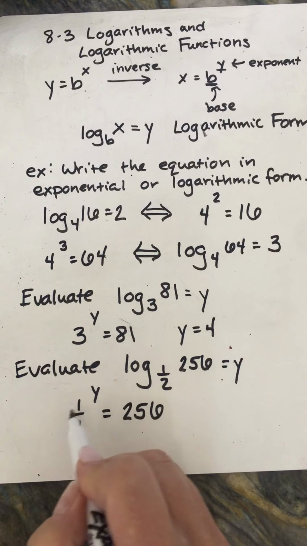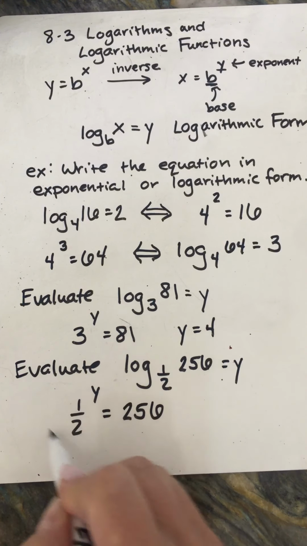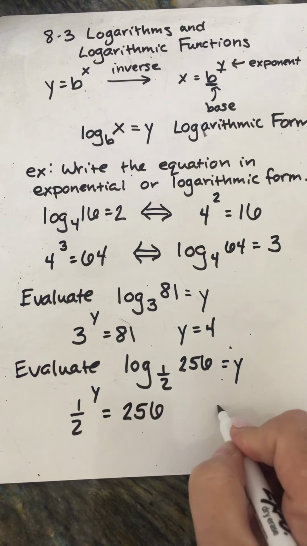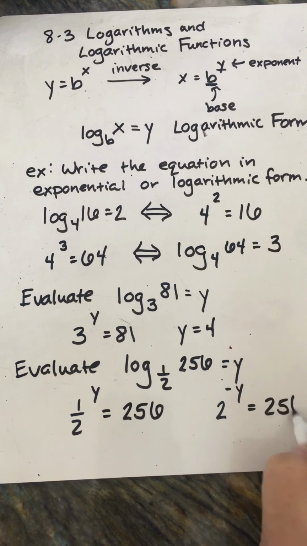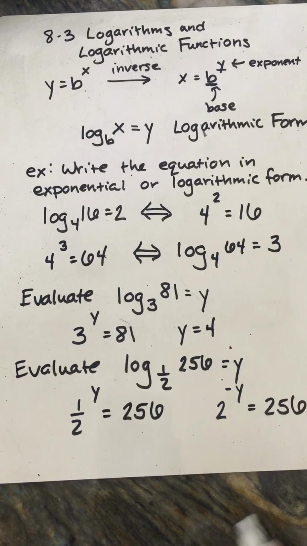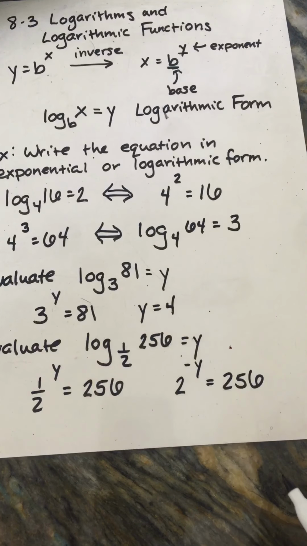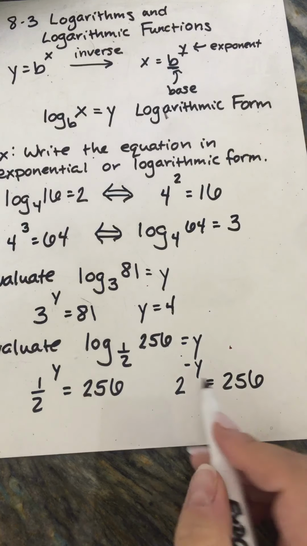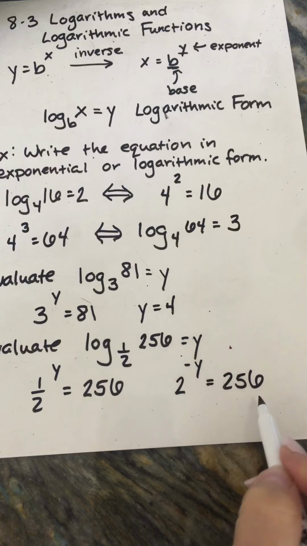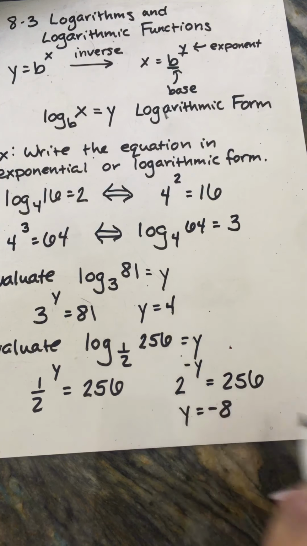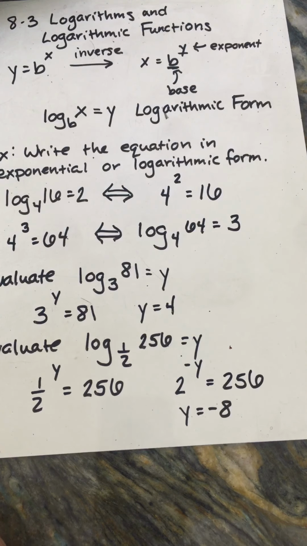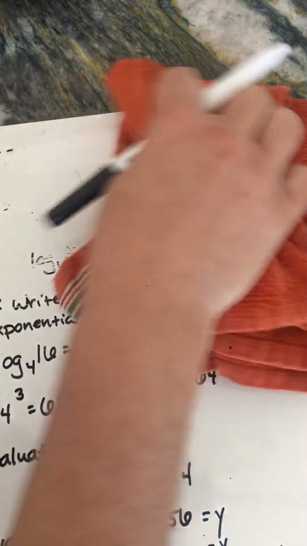So this tells me I need to get this 2 back up to the numerator. So it'll be 2 to the negative y power equals 256, right? All right, so 2 to the what power will give me 256? Well, if it was 2 to the 8th, I would have 256. So y equals -8. All right, let's talk about graphing these guys.